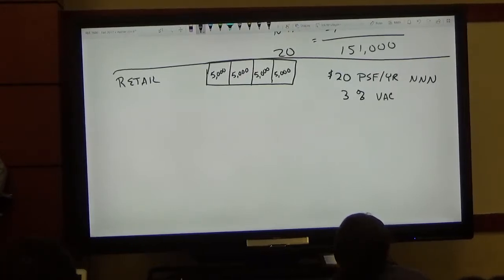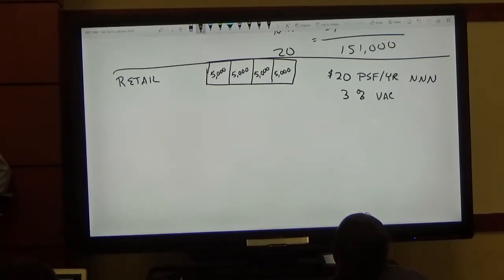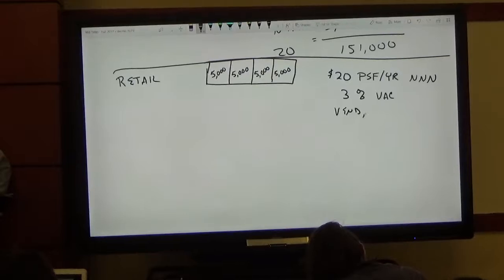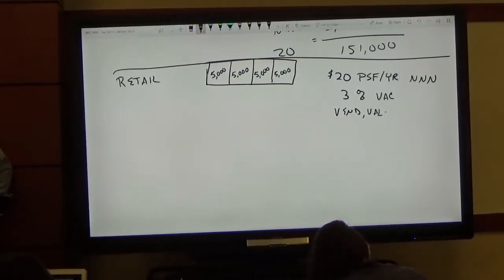Okay. And what about other income? Any other weird income we might get off of this? What might it be? You've got a vending machine. Okay, so we're saying vending machines, valet, upscale. Anything else? Parking. Regular parking.